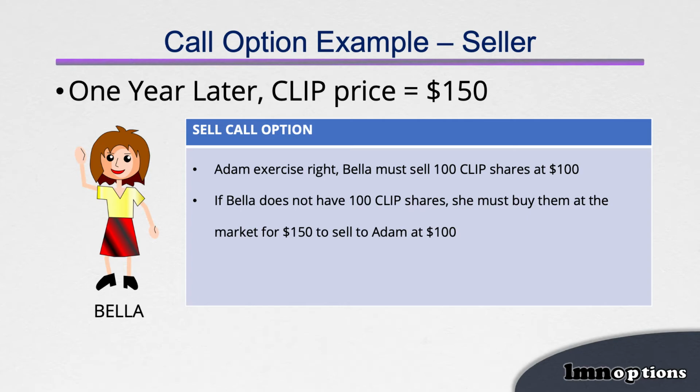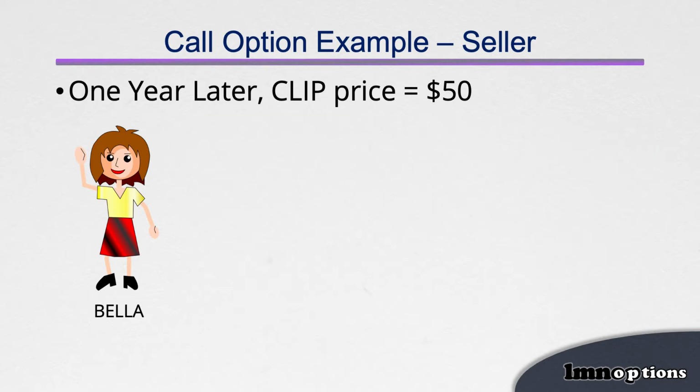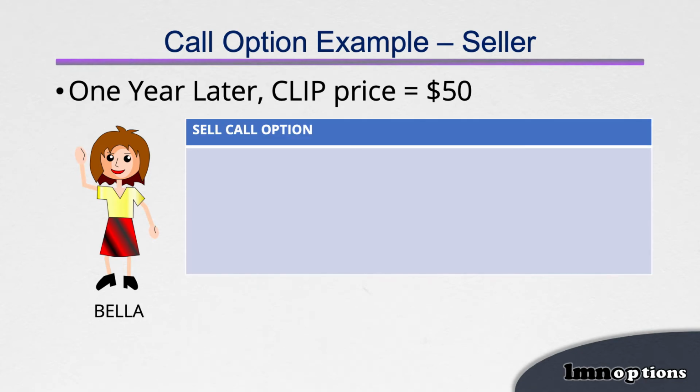This would translate to a loss of $5,000. However, since Bella has received the $1,000 in premiums, her total loss on this trade would be $4,000.